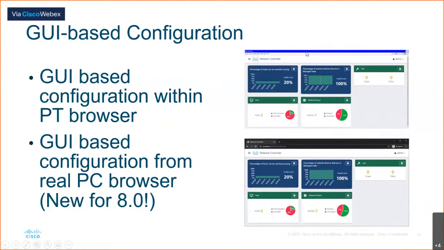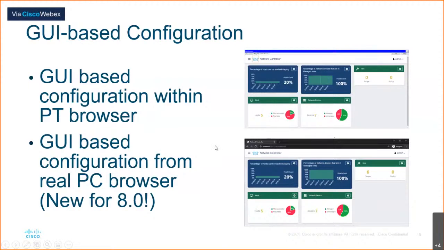This screenshot was taken from the Packet Tracer desktop computer browser, right? So this is a fake simulated browser, which simulates access to the network controller. But this screenshot down below here, I took in just a real browser on my computer, and it looks exactly the same.